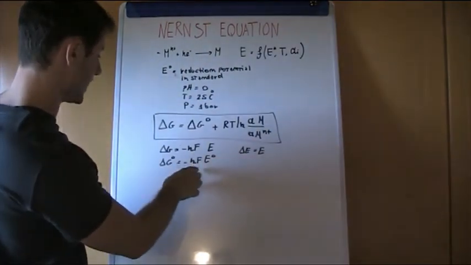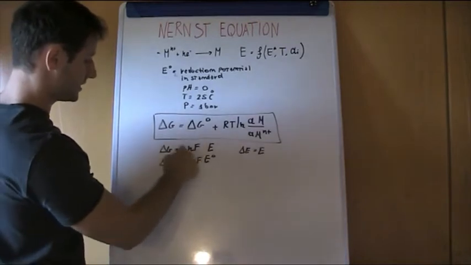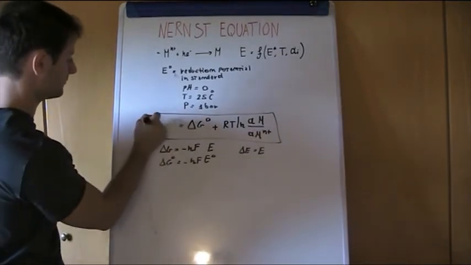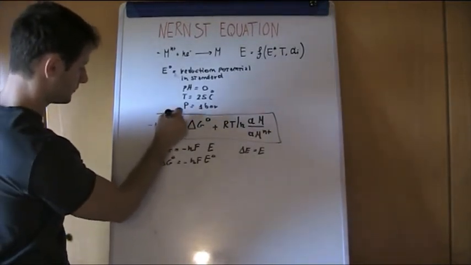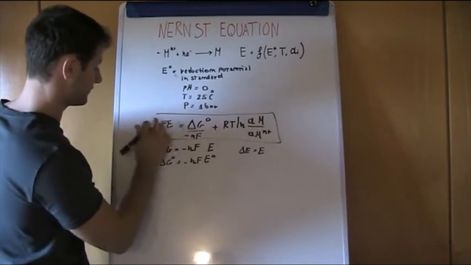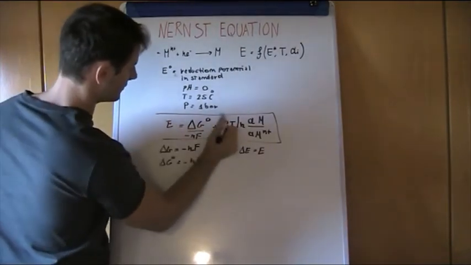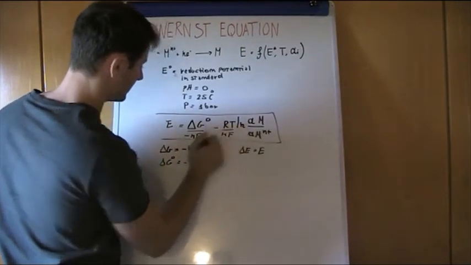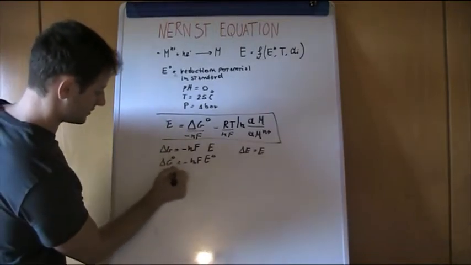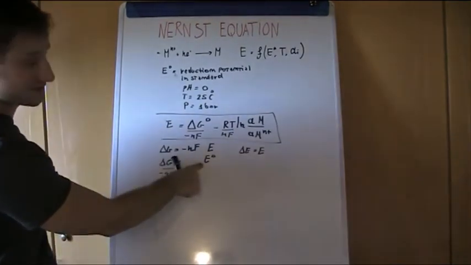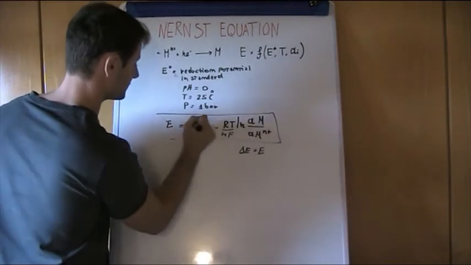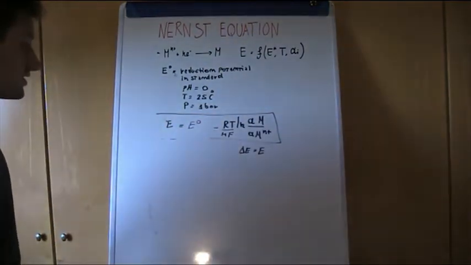So now what we can do is introduce this type of parameters here. So we are proceeding with the substitution simply. And we can divide each single term by minus nF, and again minus nF. But this term is literally equal to this. And so we can cancel all this and introduce here the corresponding open circuit reduction potential in standard condition.